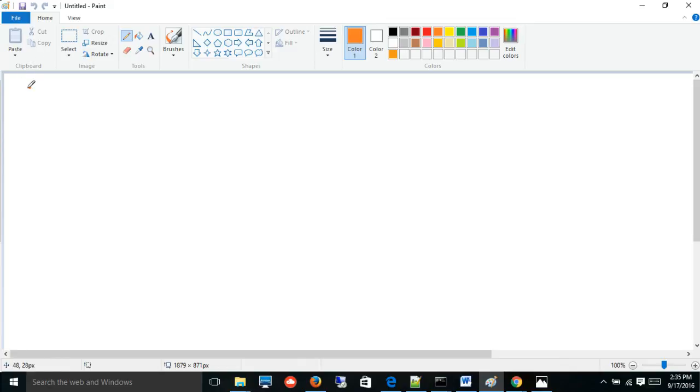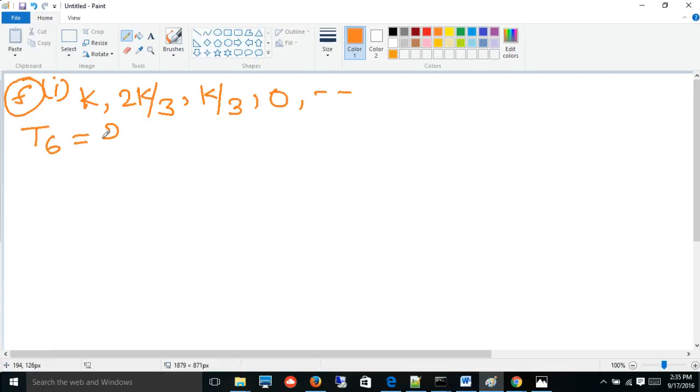To calculate the value of T6, I already told you the formula is Tn equals A plus n minus 1 into D. But we don't know the value of A and D, so we will first calculate the value of A and D.